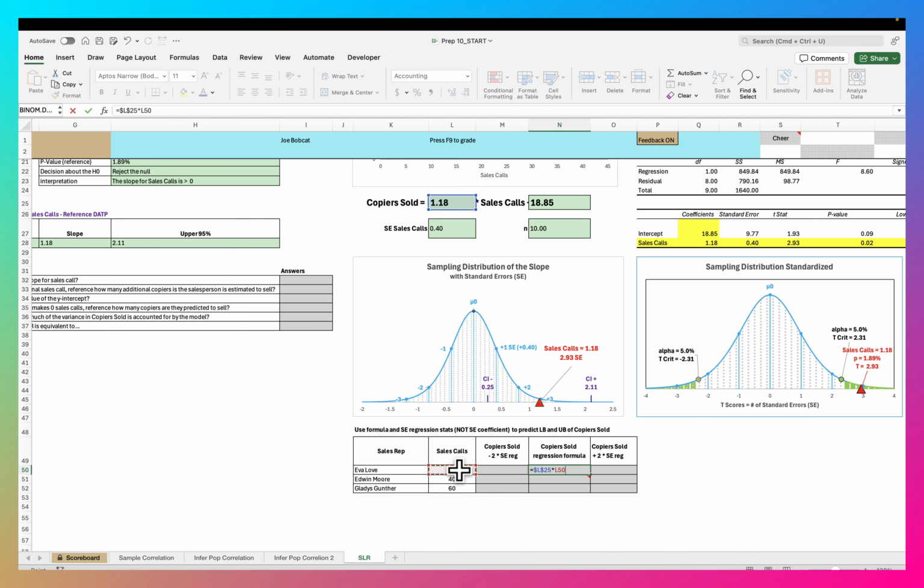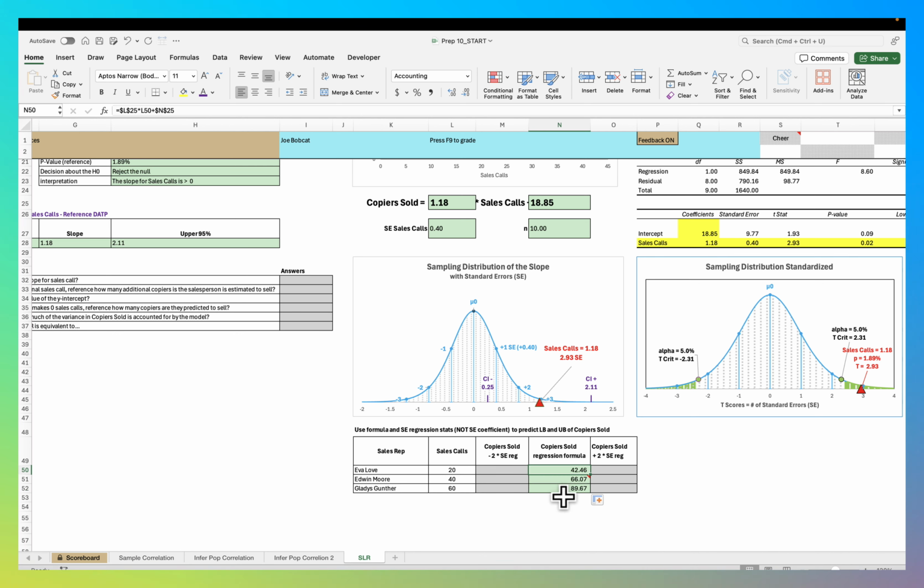So this is for a brand new point that's not part of the graph already, plus the intercept, which will lock also since it's not in this table. And then this gives us the predicted copiers sold for 20, 40, and 60 sales calls.